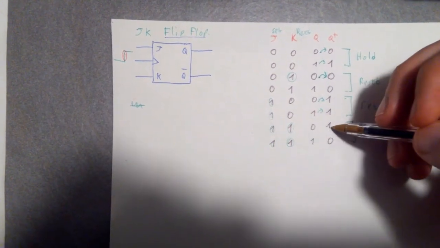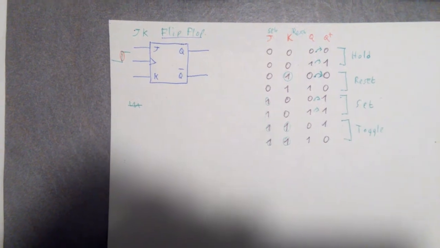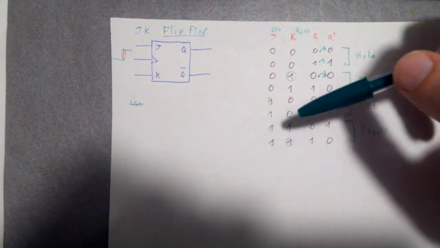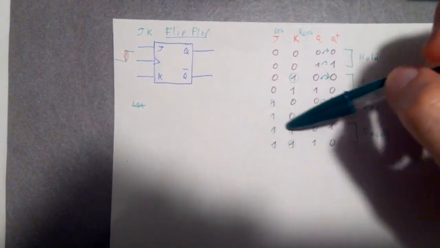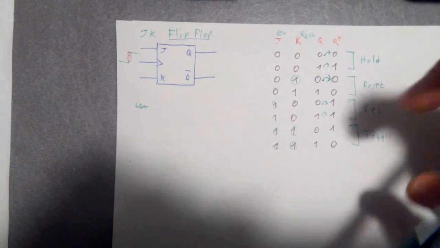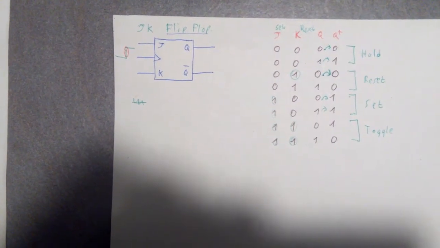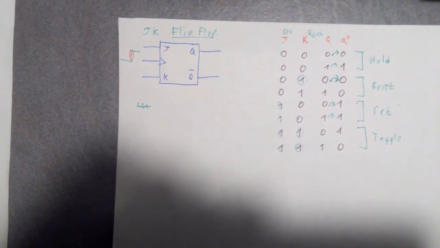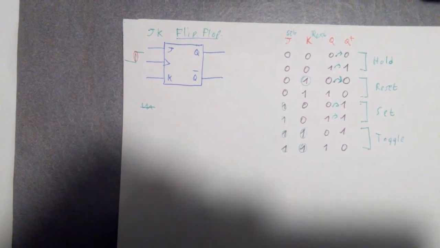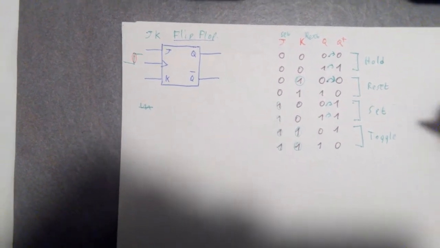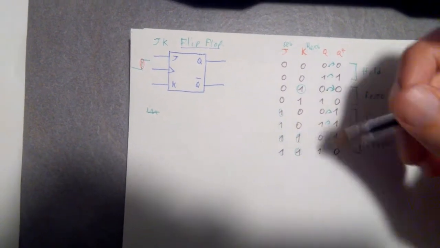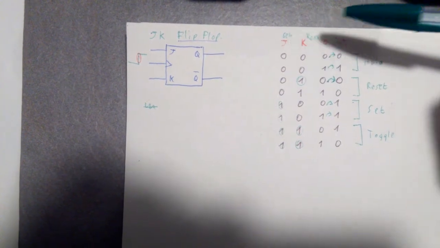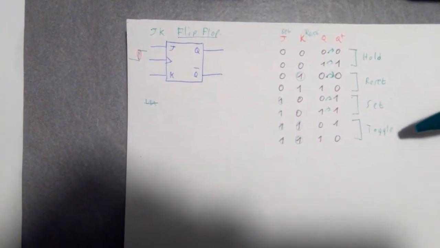If it's 0, it becomes 1. If it's 1, it becomes 0. This is the main difference between the JK and the RS. We have this property that if both inputs are 1, the output toggles between the two values. So this is the main difference between an SR latch and a JK.